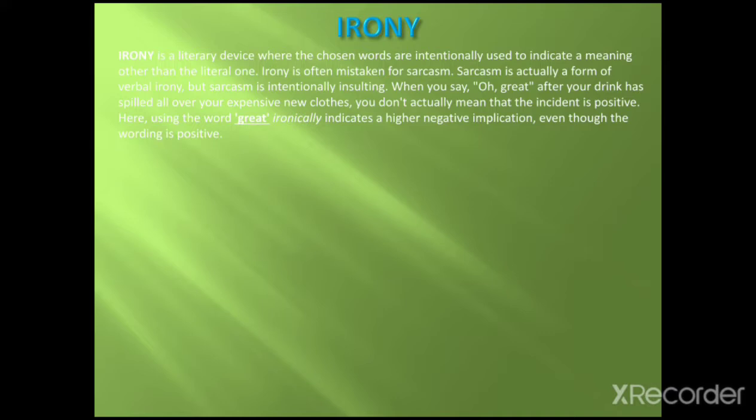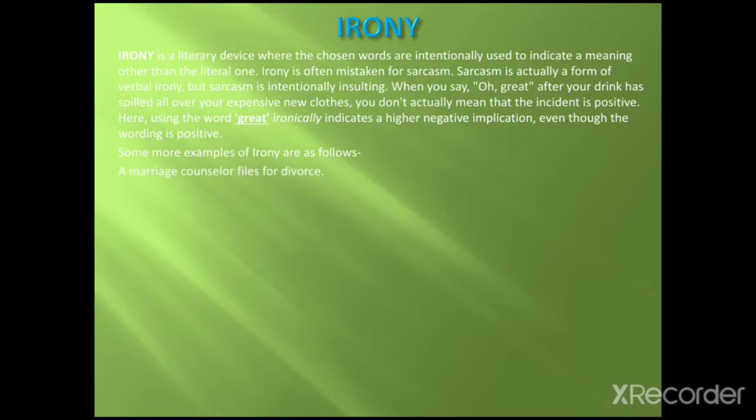When you say, "Oh great," after your drink has spilled over your expensive new clothes, you don't actually mean that the incident is positive. Here, using the word great ironically indicates a higher negative implication, even though the wording is positive. Some more examples of irony are as follows.